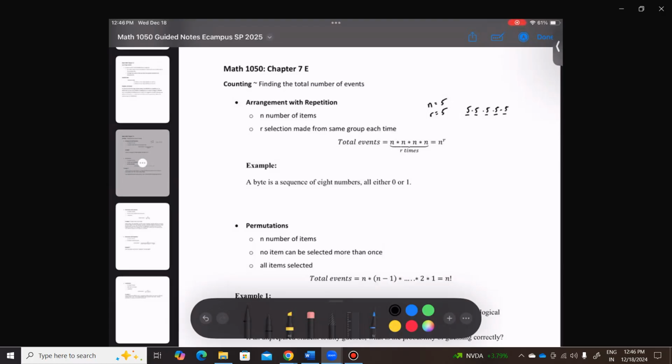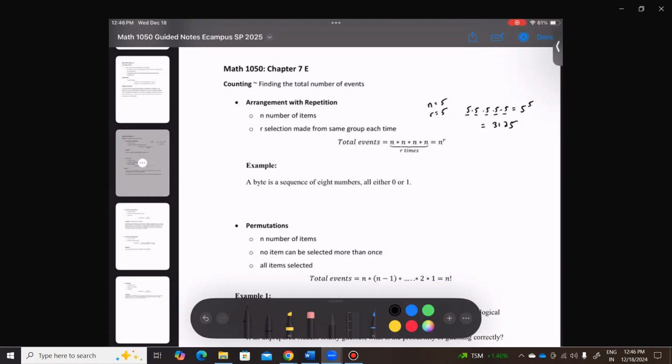And so we multiply all of these, and this is going to come out to be 5 to the 5th, which is 3,125. So you have a total of 3,125.